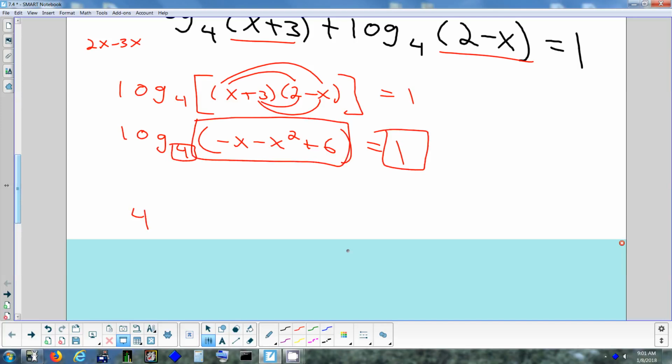Victoria, we said logarithms always equal what kind of number? Logarithms always equal like above 0. This number on the other side, that could be negative.